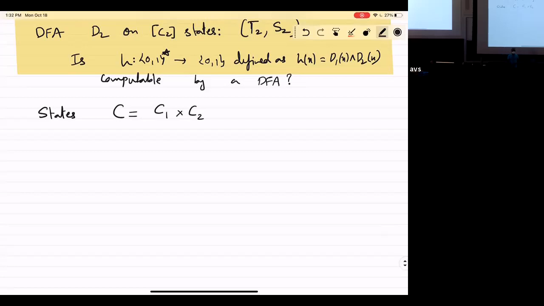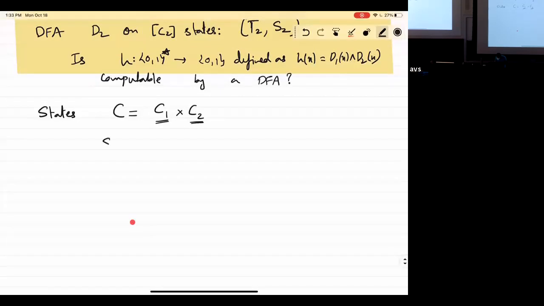Imagine there is the first set of blue states which correspond to the first DFA, the second set of red states which correspond to the second, and then for every possible position of the first and every possible position of the second, I need to tell you what you would do. How would each person behave? So the number of combinations is all positions the first person might be in, all positions the second person might be in.